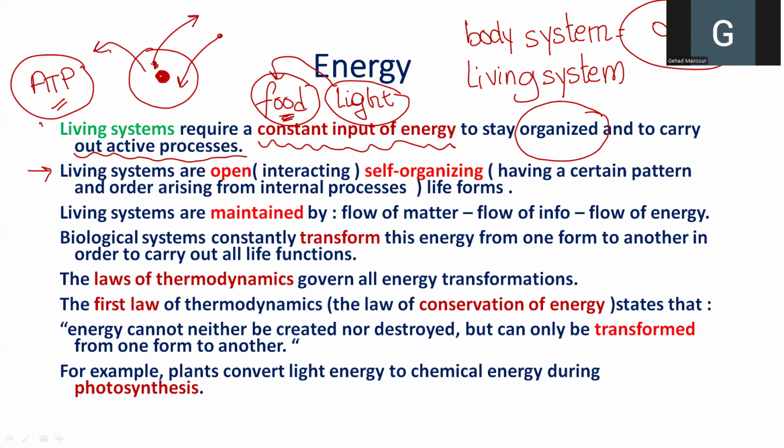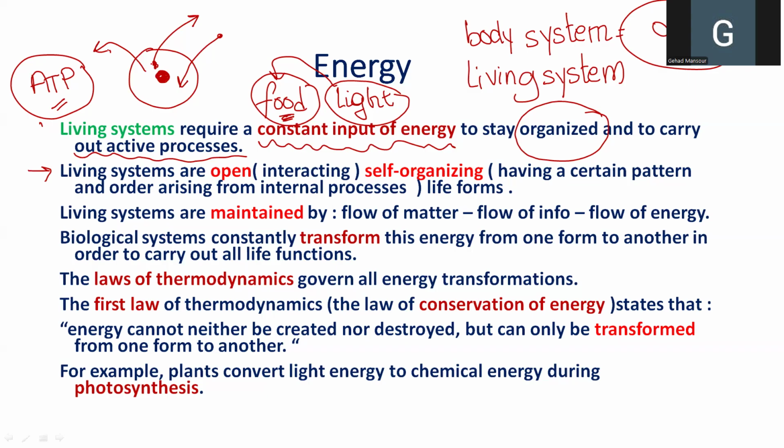The living cell, or the living system if it is a bigger system, is self-organizing, meaning that even when the cell commits suicide, the cell or other cells will reuse the substances that have resulted from this suicide.